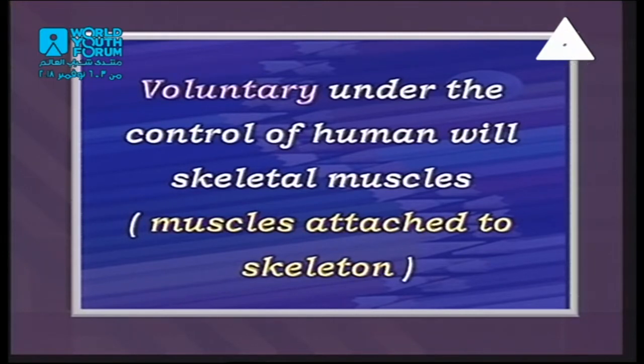Voluntary muscle, you can control its movement, like most muscles attached to your skeletal system: muscles of the upper limbs, lower limbs, your back, your face, and the abdominal muscles too. So voluntary means under the control of your body, like the skeletal muscles.